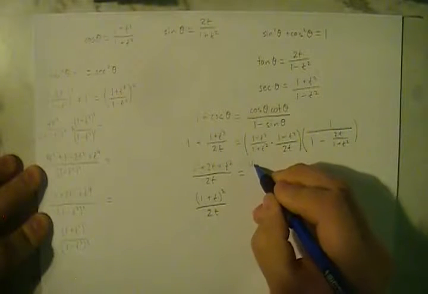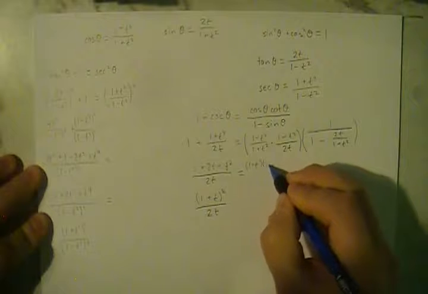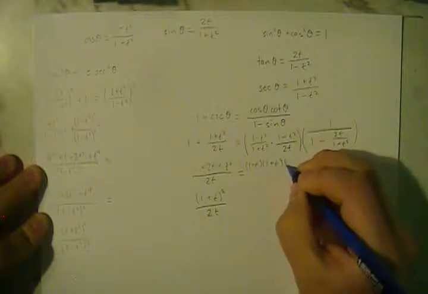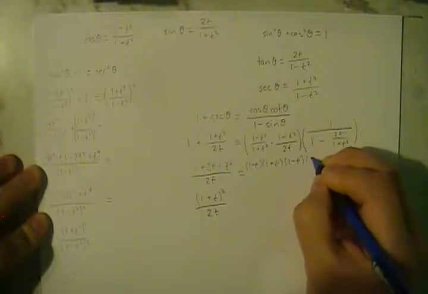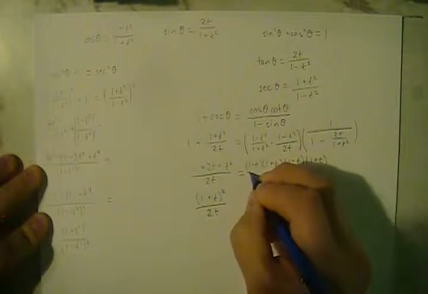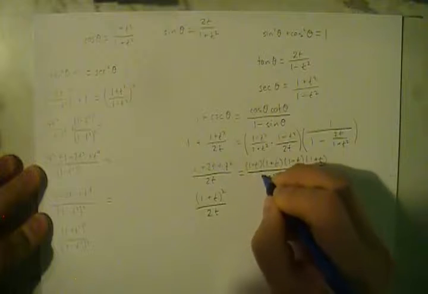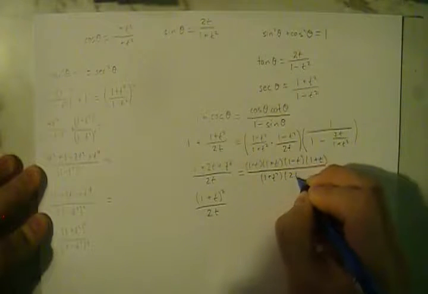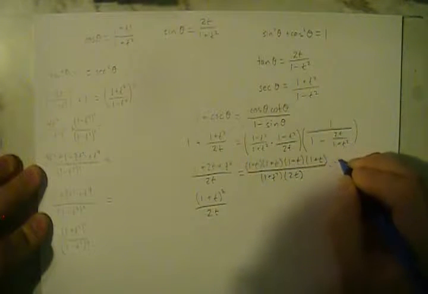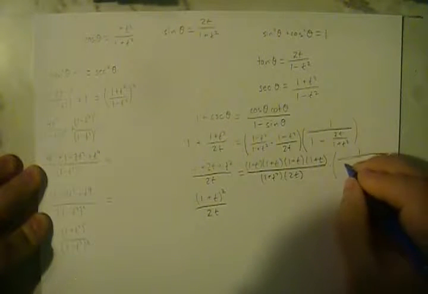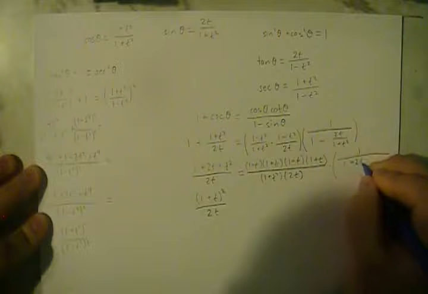On the right hand side we have 1 minus t times 1 plus t times 1 minus t times 1 plus t divided by 1 plus t squared times 2t, and then I have 1 divided by 1 minus 2t plus.